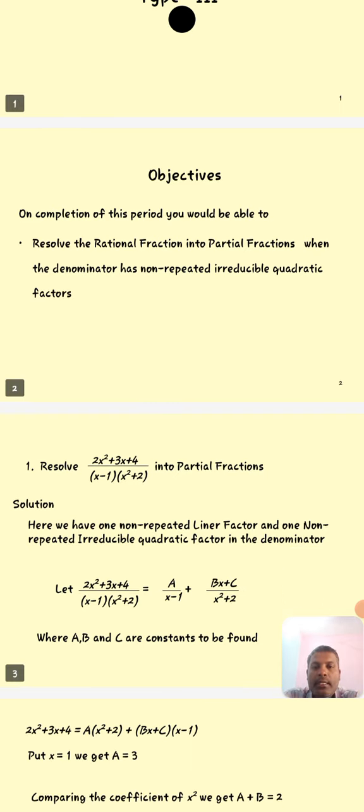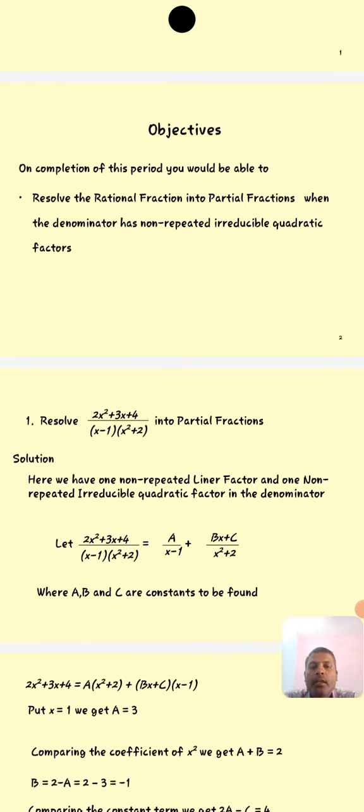Let us see the first problem. Resolve 2x square plus 3x plus 4 divided by x minus 1 into x square plus 2 into partial fractions.